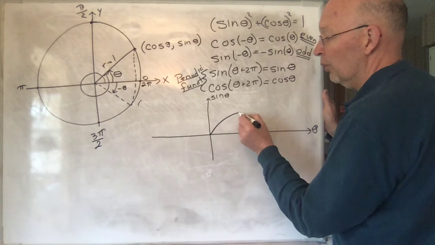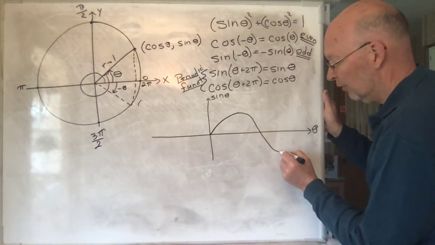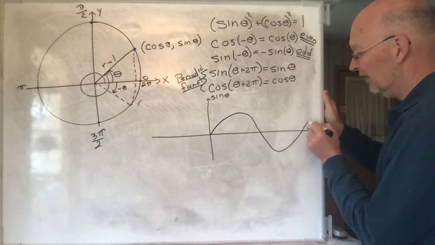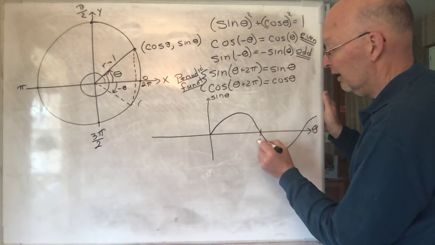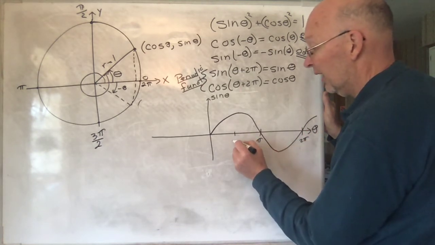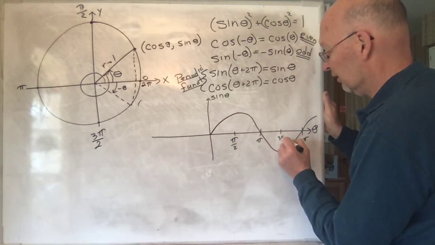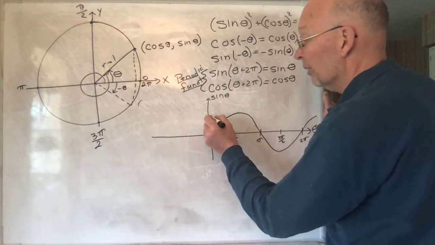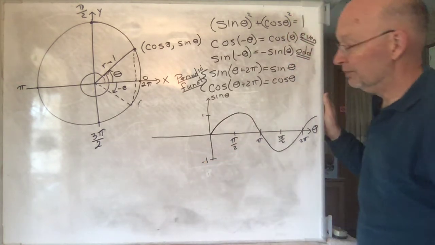It goes up to 1, back down to 0, down to -1, back to 0, and then if we wanted to, it just started over again. So this is pi, this is 2 pi, this is pi over 2, and this is 3 pi over 2. And it goes up to 1 and down to -1.